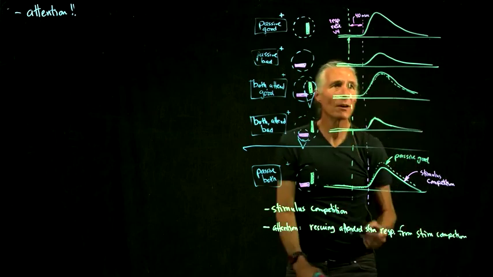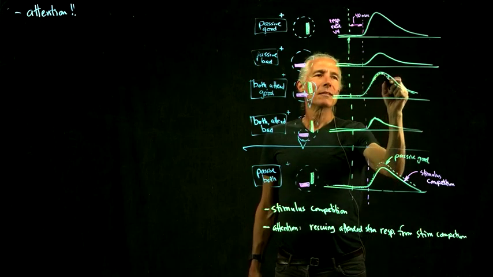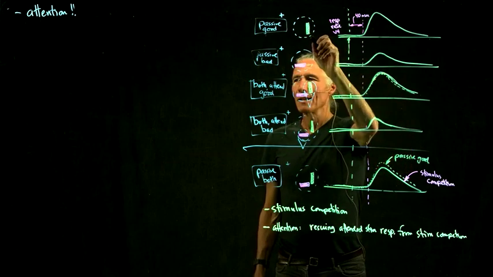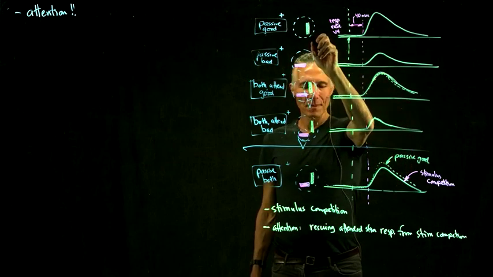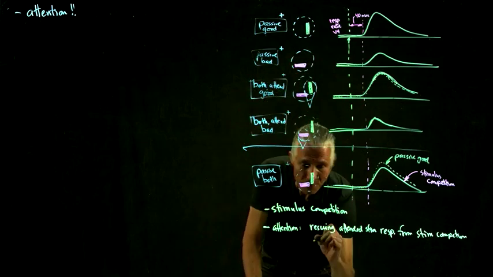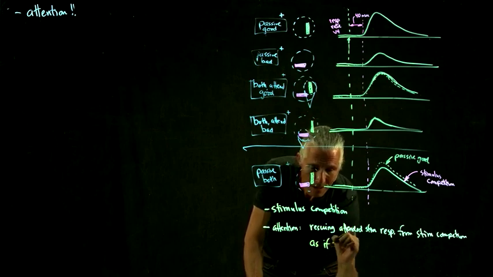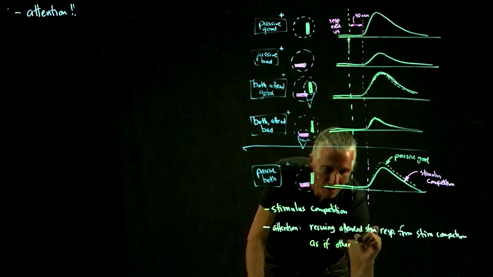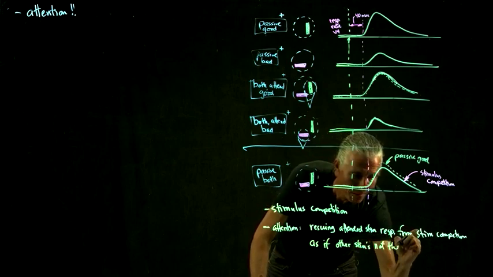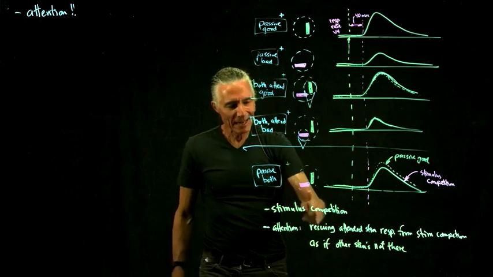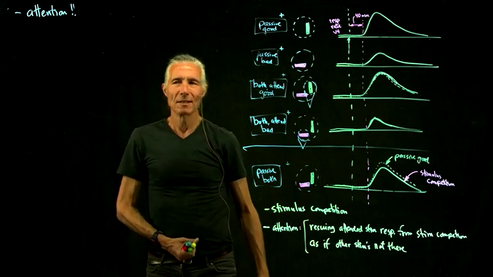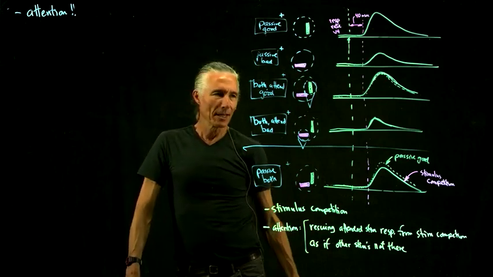And so it's actually pretty hard to have attention give you a response that's better than a stimulus against a black background. Another way of thinking of that is as if the other stimuli are not there. So that's the bottom line about what attention in all these different areas really does.